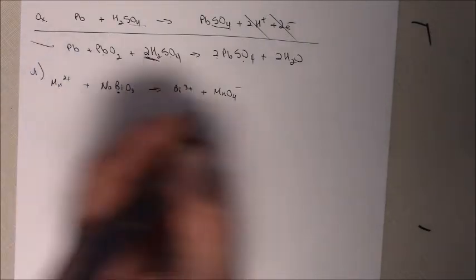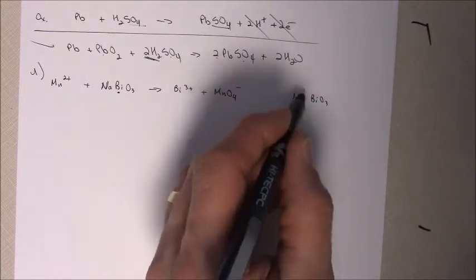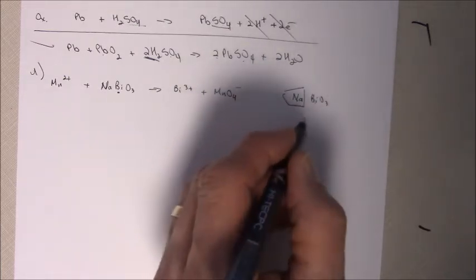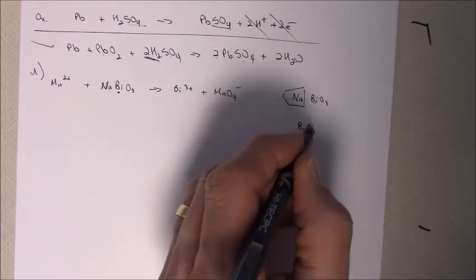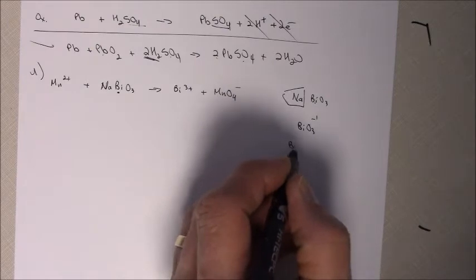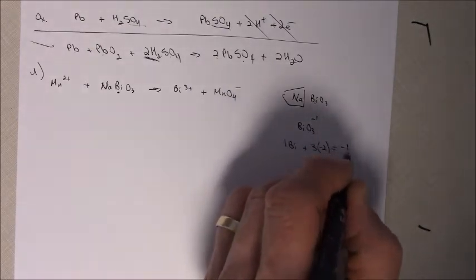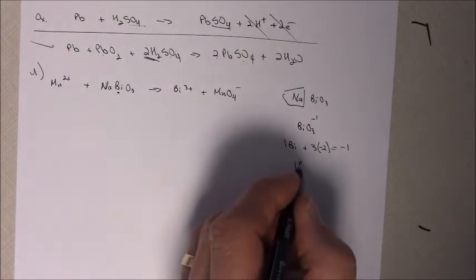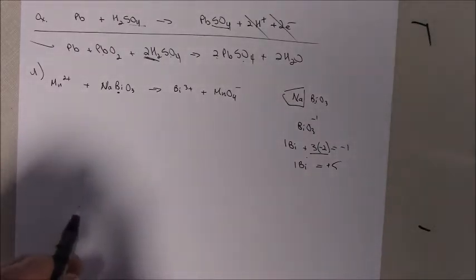You know, it's funny, when you take sodium BiO3 apart, you can get rid of the sodium. It's a counterion. So you pretty much know that it's BiO3 -1. So what is bismuth? I've got 1 plus 3 oxygens at -2 equaling -1. So 1 bismuth, that's a -6, bring it over, is a +5.